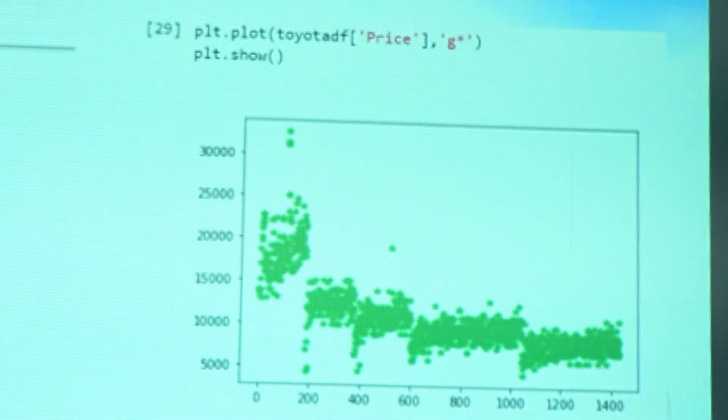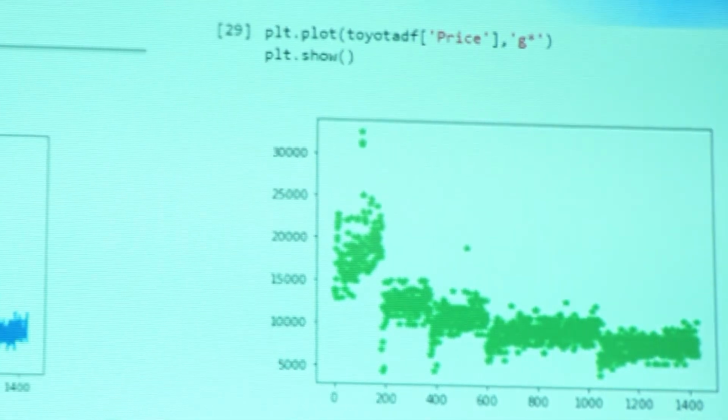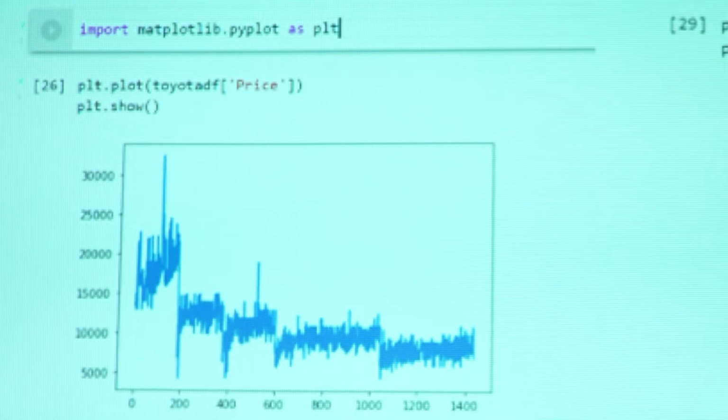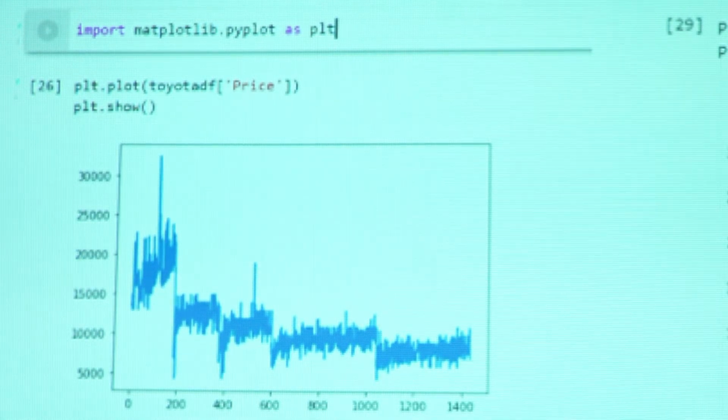So, here you see I imported matplotlib.pyplot as plt by global convention. I am just plotting my column of price. You can all do that with me, please. Please plot the price column of your data set and visualize how it is.